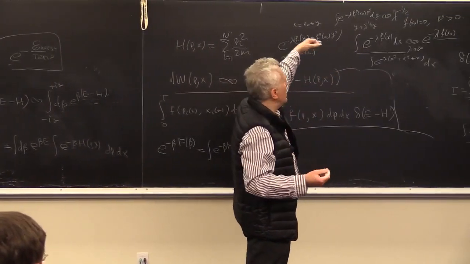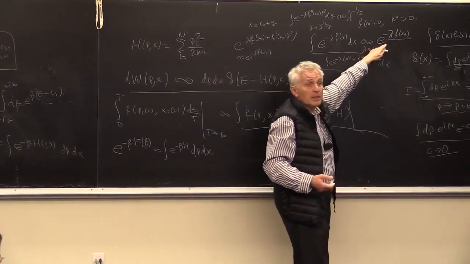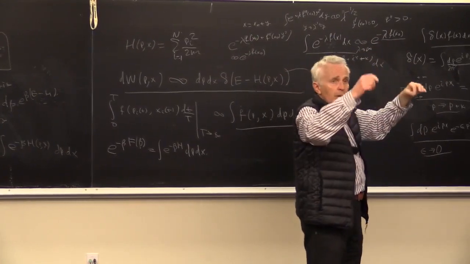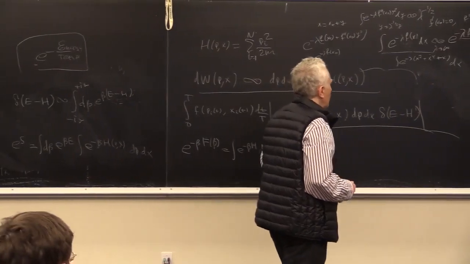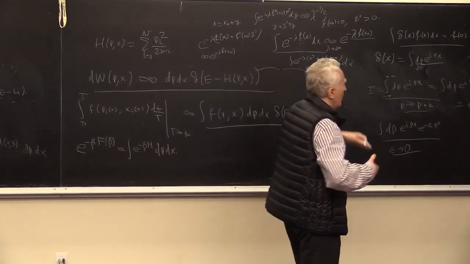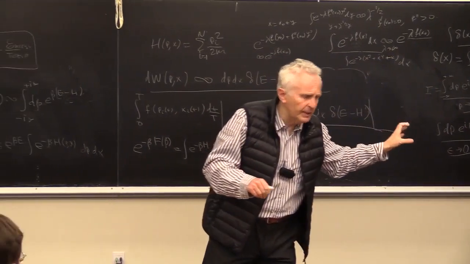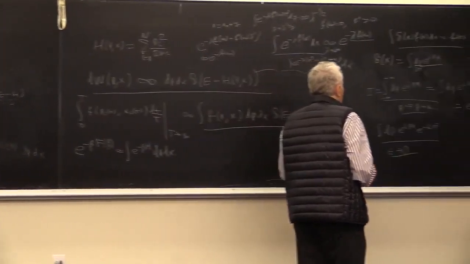So generally speaking, the asymptotic behavior is the sum of such exponentials corresponding to the several saddle points. Its generalization to the complex plane gives you a lot more subtleties, but the basic idea is this. You can evaluate those integrals.